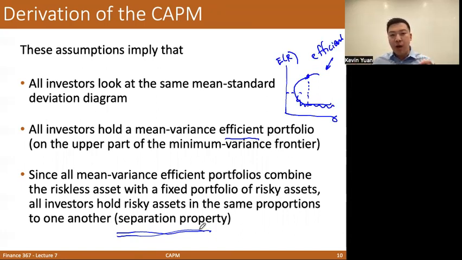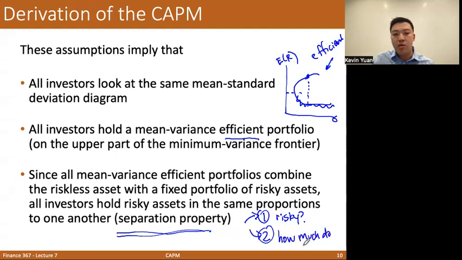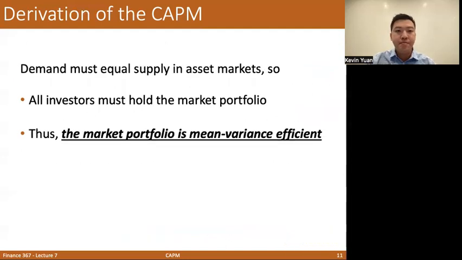But what we disagree on is how much of that do we want relative to the risk-free asset? And that's why this is called the separation property, right? It's essentially broken up into two steps. The first step is, what is the mixture of risky assets? That we all have to agree on. And how much do you want? That we can all potentially disagree on.